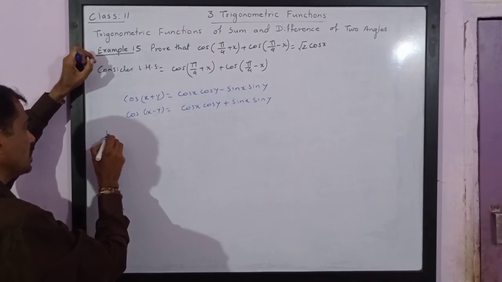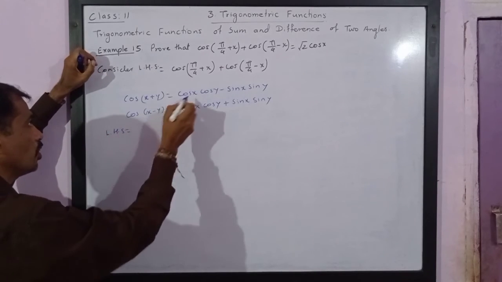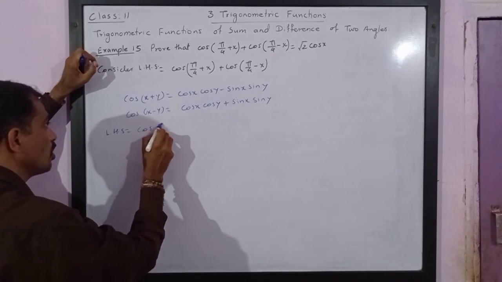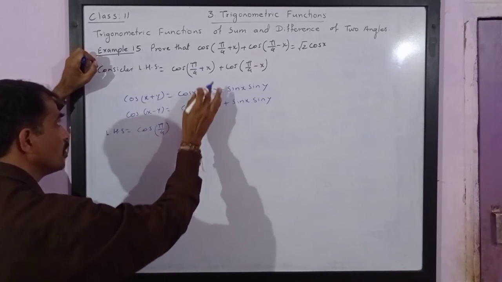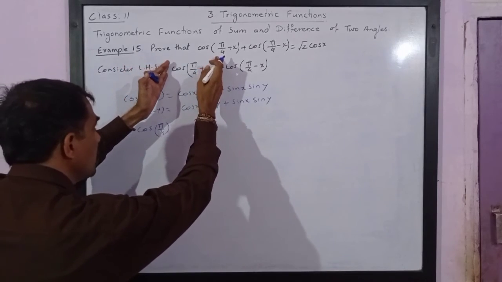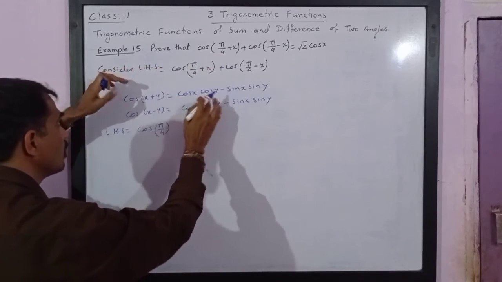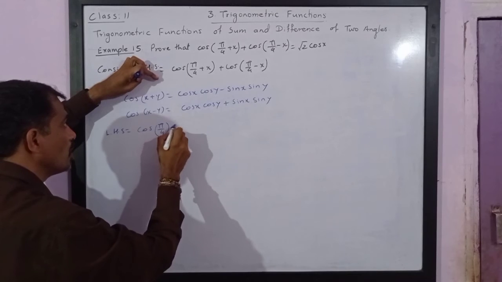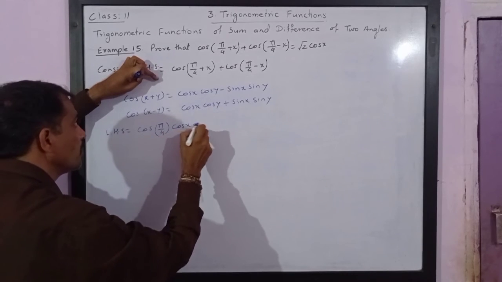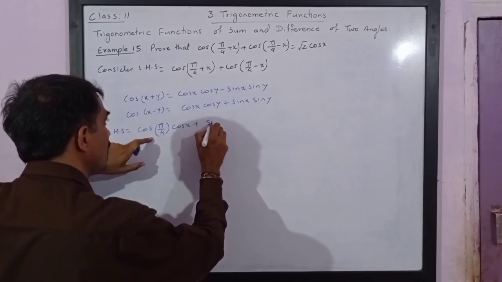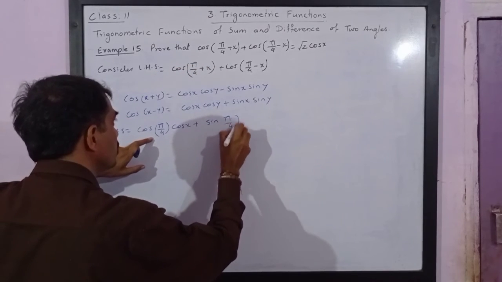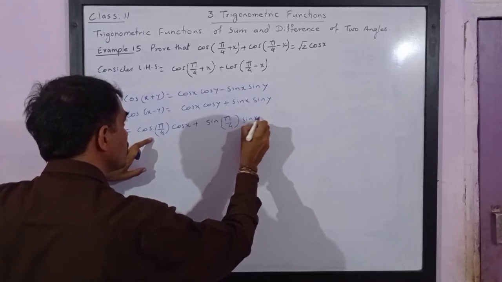So this becomes LHS. LHS is equal to cos x is cos of pi by 4, cos y is, for this I am considering y, cos of x, minus sin pi by 4 into sin x.